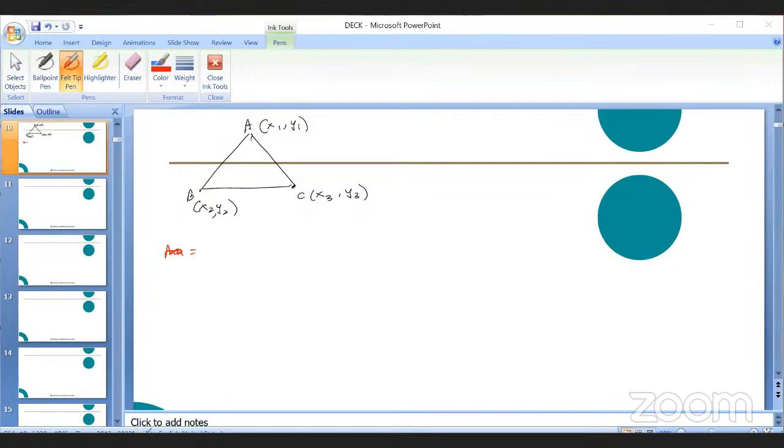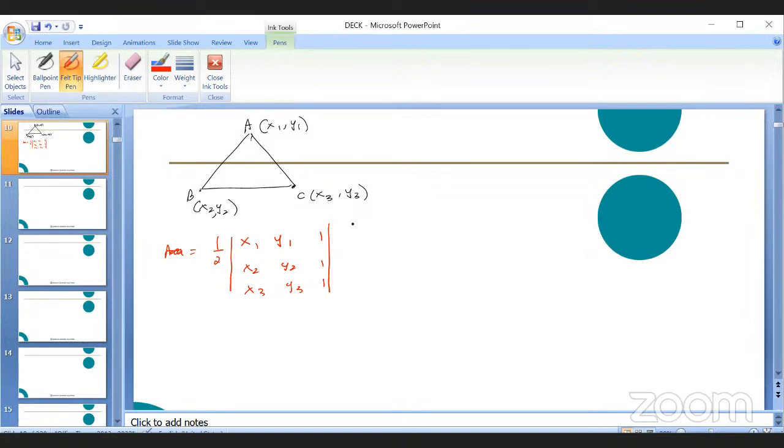The formula with the help of determinants is 1 by 2 into the determinant of x1, y1, 1, x2, y2, 1, x3, y3, 1. This is the formula to find the area with determinants.